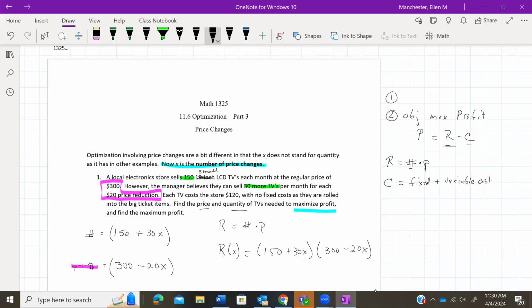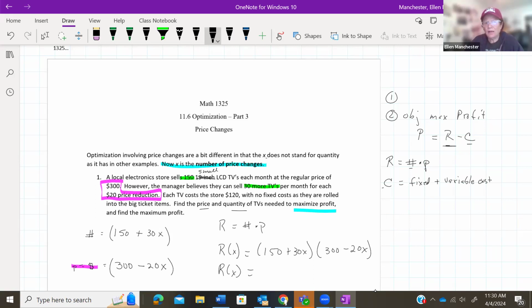No. Okay, now the reason I'm not using the cost is because cost is a completely different function. So I'm only setting up my revenue function. So now I am just distributing. 150 times 300 is 45,000. 150 times negative 20x is negative 3,000x, plus 300 times 30x is 9,000x, minus 600x squared.